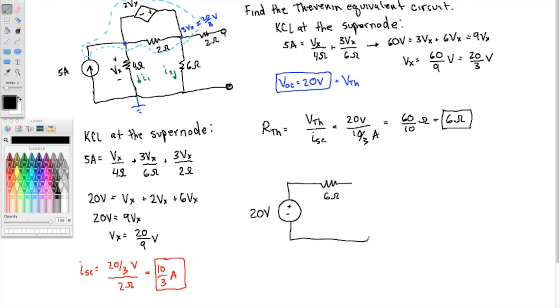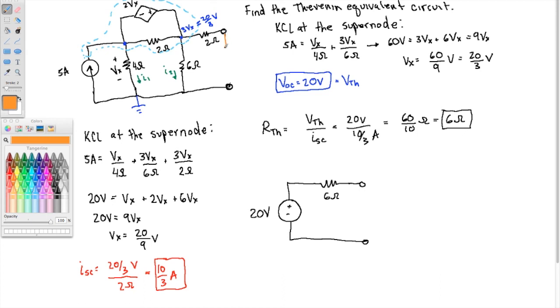That's it. Now again, let's look at the bigger picture. Here's my complex circuit, this original thing.